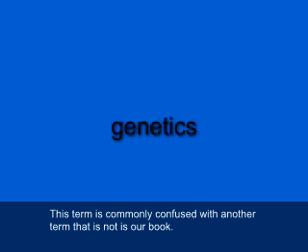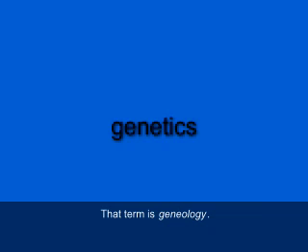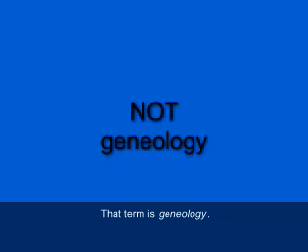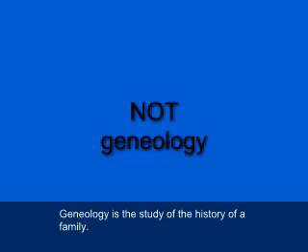Genetics. Now, this term is commonly confused with another term which is not in our book, and that term is genealogy. Genealogy is the study of the history of a family.